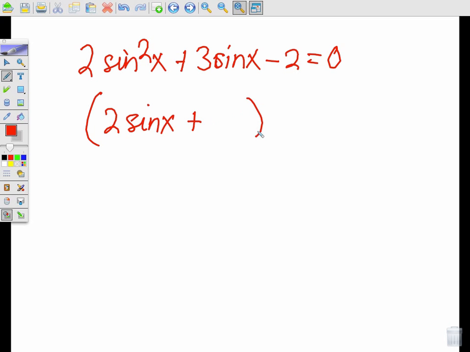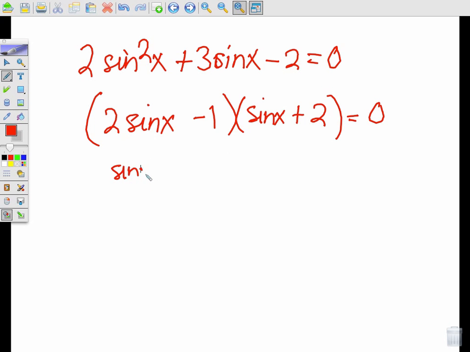This factors to 2 sine x, let's try getting our signs organized here, sine x. I've got to have a middle term of 3, and my signs have to be one of each. So I'm going to go plus 2 here and minus 1. Set it equal to 0.